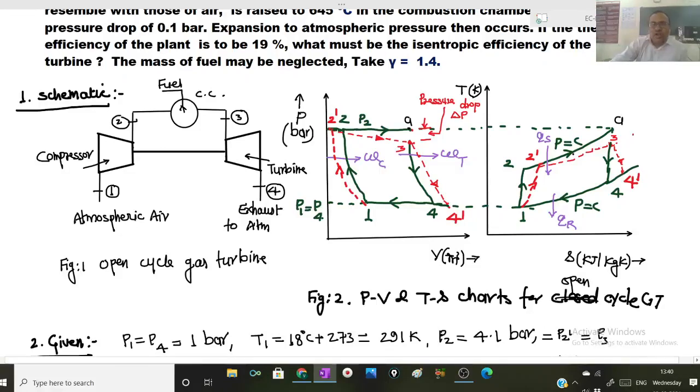So these are the required PV and TS charts for the given process. There is a pressure drop from pressure P2 to P3 in the combustion chamber.